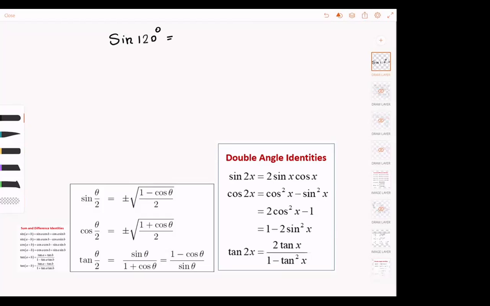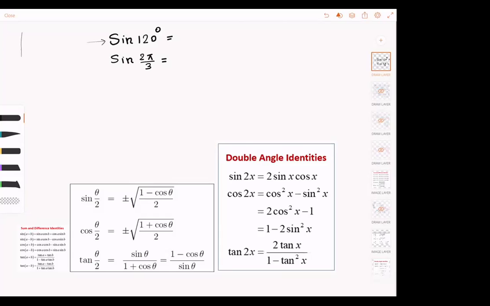So do not freak out if you see some radians. This is the same as asking what is sine of 2 pi over 3. 2 pi over 3 is the same as 120. I know you have 120 degrees in the unit circle, but let's say we don't have it.